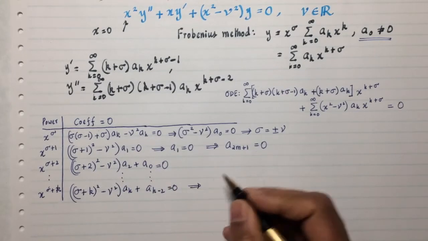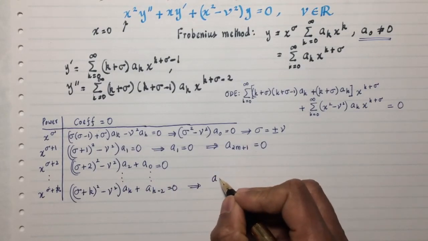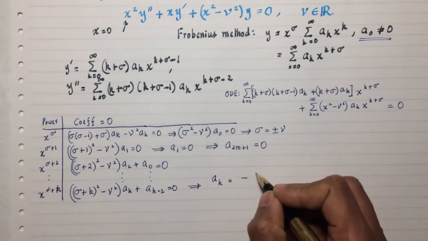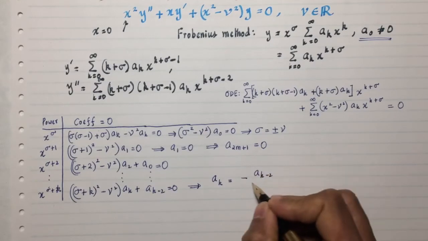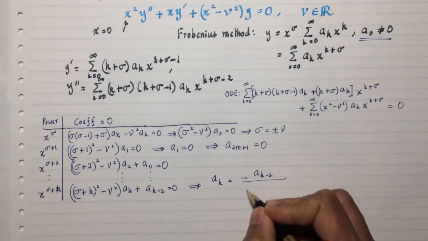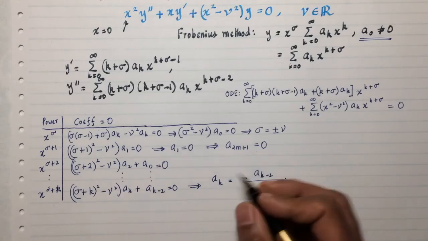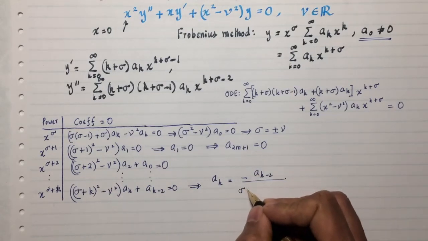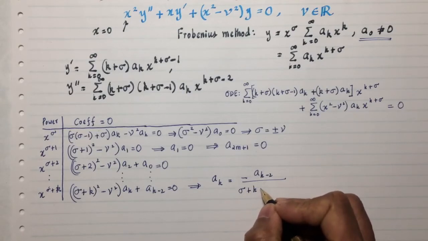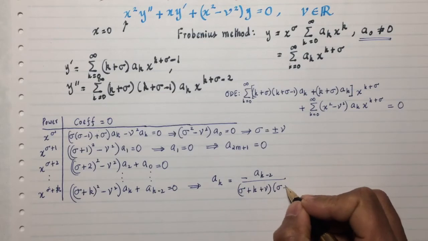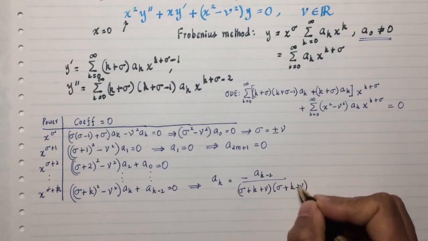This gives us a recursion relation, and that recursion relation is ak equal to negative ak minus 2 divided by sigma squared plus k sigma plus k squared minus nu squared, which I'm going to write as sigma plus k plus nu times sigma plus k minus nu.